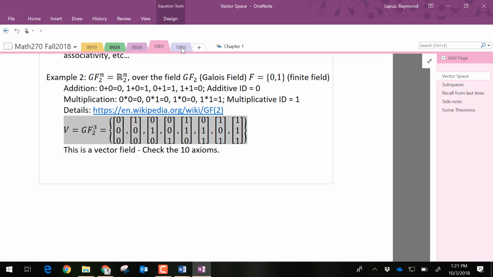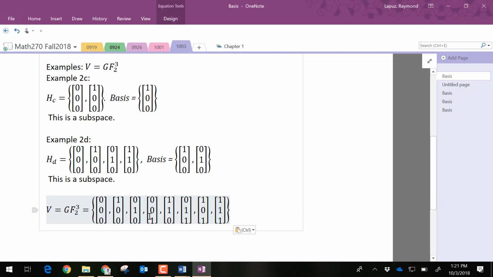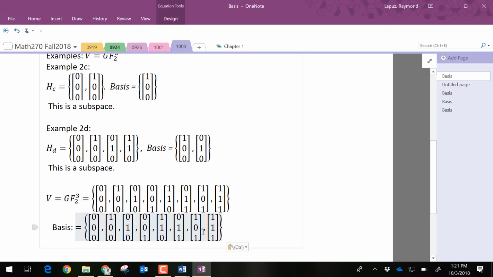So if we want to look at this whole thing and find its basis, then the basis shouldn't be the whole thing, right? We just need representatives that would be able to represent every single one of these vectors.